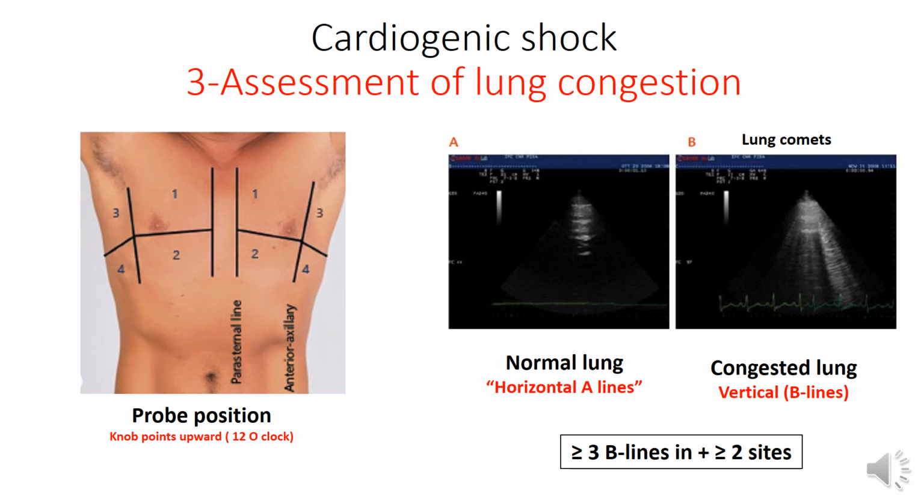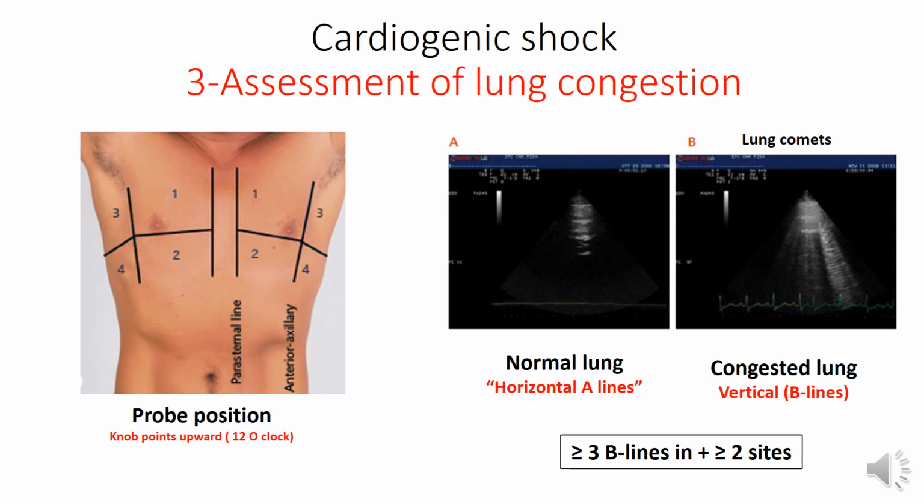How to get this picture? There are multiple algorithms or protocols for lung ultrasound. The simplest one is the 8-point protocol, 4 in each lung field, in front and on the axilla, at these 4 points on each side, with the probe facing at 12 o'clock facing upward, and adjusting the depth of the picture, you will get this picture in the healthy lung and this picture in the congested patient.